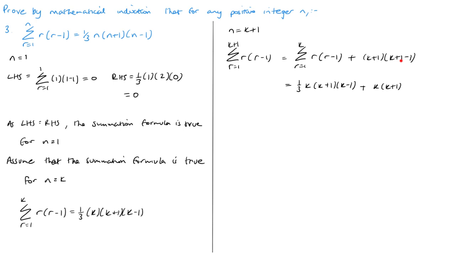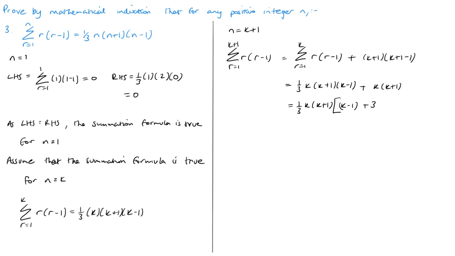Because this is k plus 1 and this is going to be just k. Now I can factorize out 1/3 k, k plus 1. And that leaves me with k minus 1 from the left plus 3 lots of k.